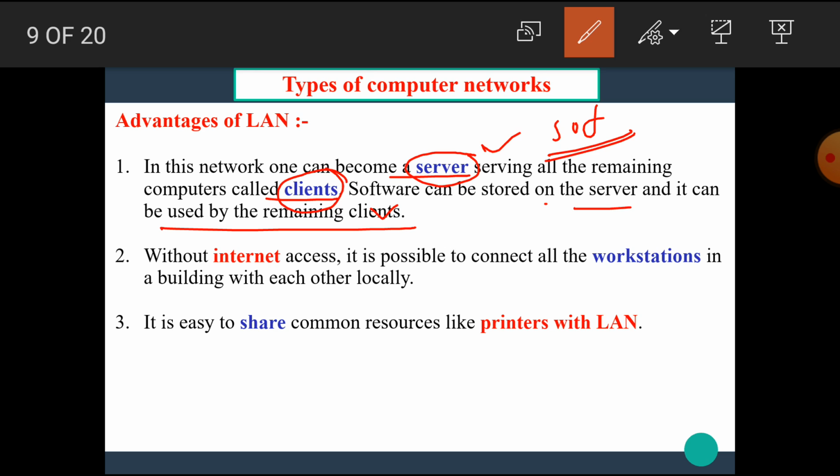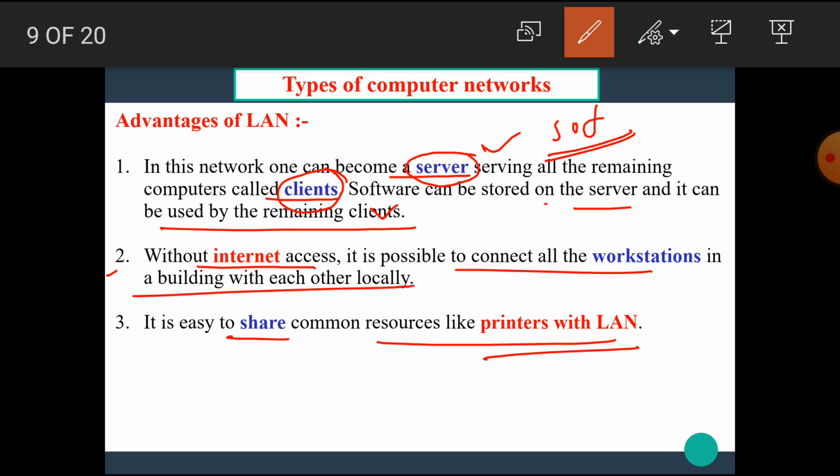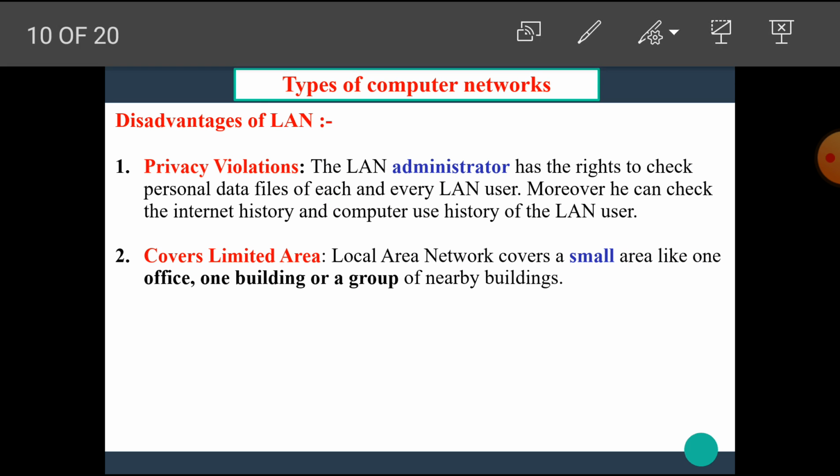The second one is, without internet access it is possible to connect all the workstations in a building with each other locally. It is easy to share common resources like a printer with a LAN. I hope you all understand the advantages of the LAN.